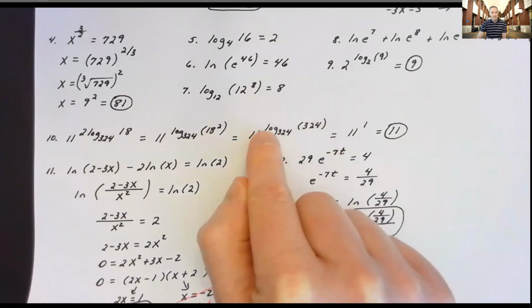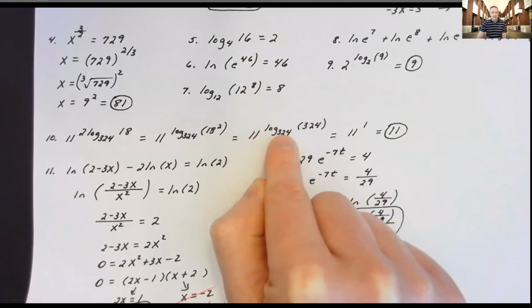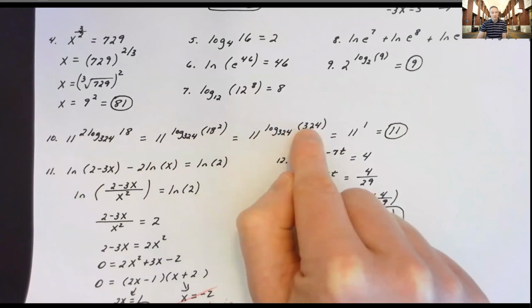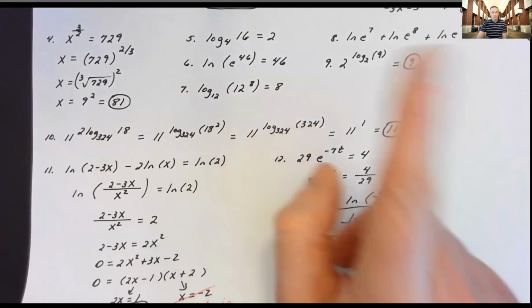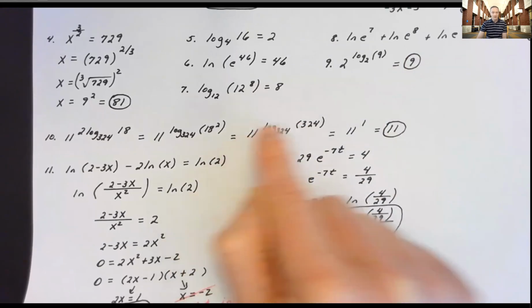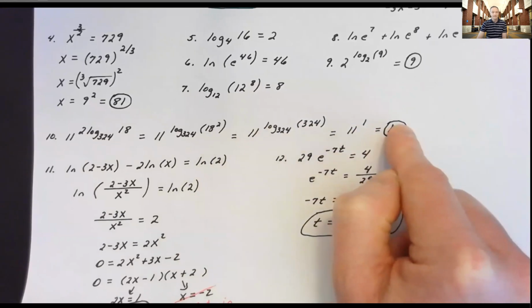Because then you can say this log base 324 of 324, this is literally asking you, what power do you need to raise 324 to in order to get 324? Well, clearly it's the first power of 324. So the log base 324 of 324 is just a 1, and the whole exponent simplifies to be a 1. So we get 11 to the first power, which is just 11.